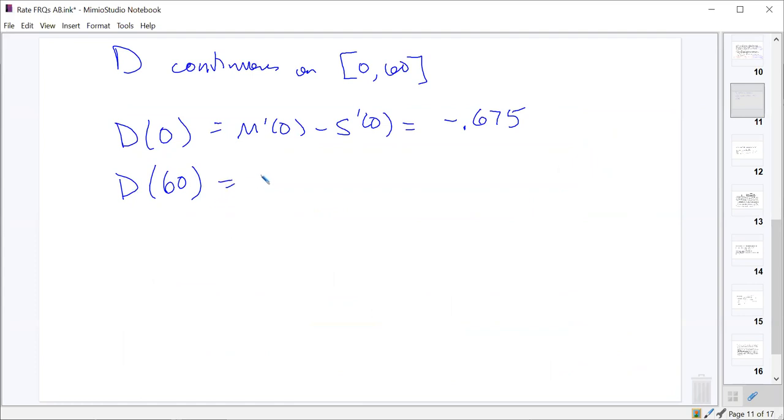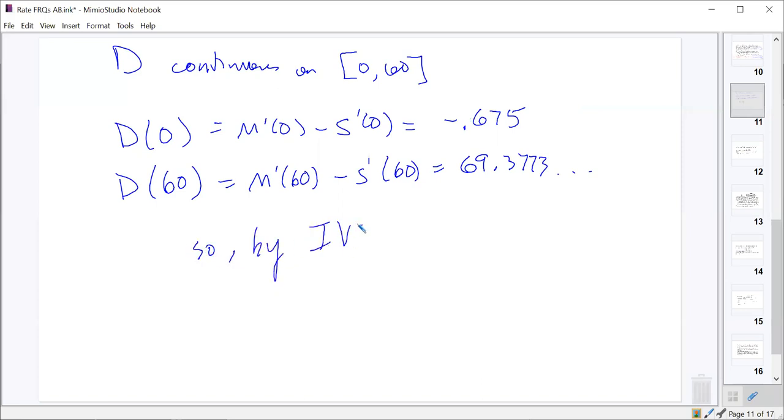And D of 60, which would be M prime of 60, which you can use your calculator for, and S prime of 60, which you can also use your calculator for, comes out to be a positive 69.9773 something. And so because there is a sign change on D from negative to positive, and we probably note that this is less than 0, greater than 0.